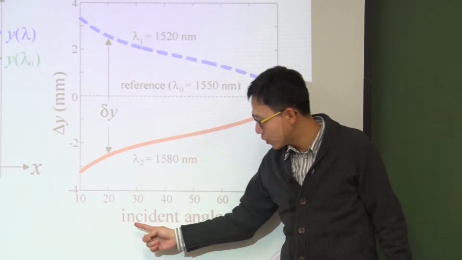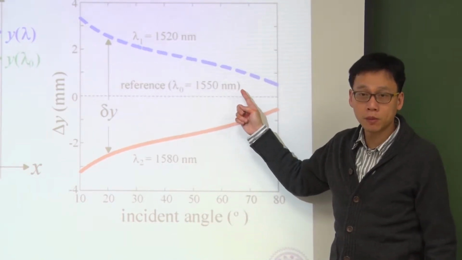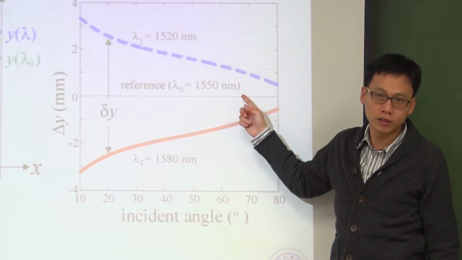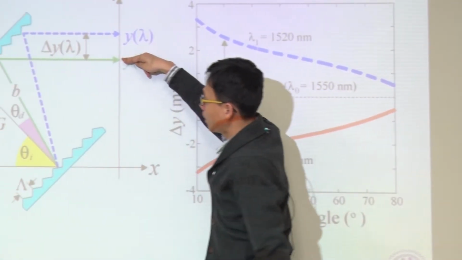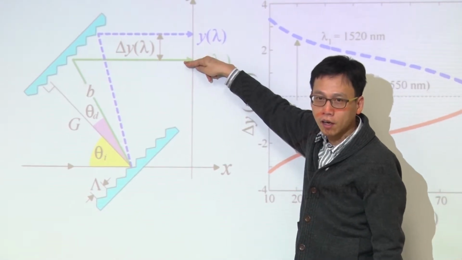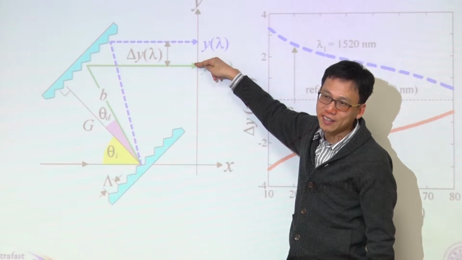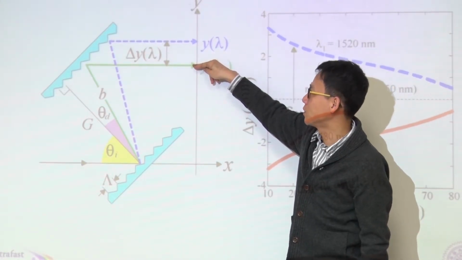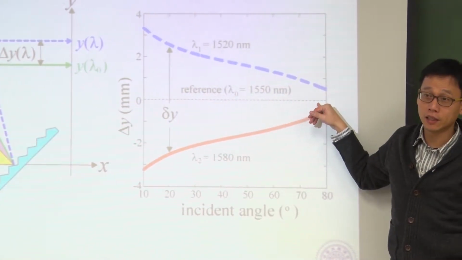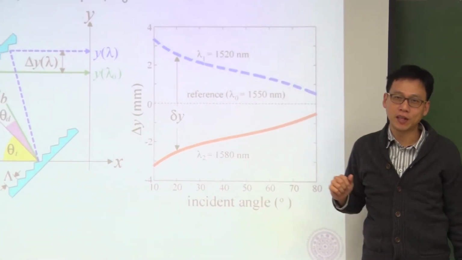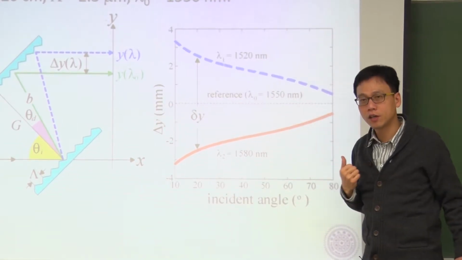But if your incidence angle changes, your reference ray position will change as well. Okay? So this position will change with your incidence angle. I use it as the reference, and all positions are relative to it, so the 1550 is always drawn at 0. Okay. But what does this figure tell us?